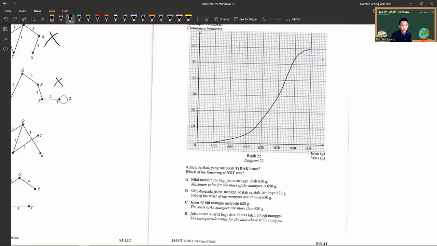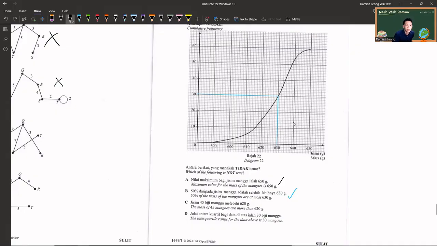So 50% daripada jisim mangga adalah selebih-lebihnya 630 gram. 50% are at most 630. 50% means I find 50% of the cumulative frequency, 30. So it'll match to 630. So this is correct also.